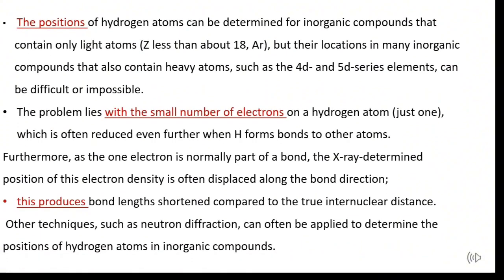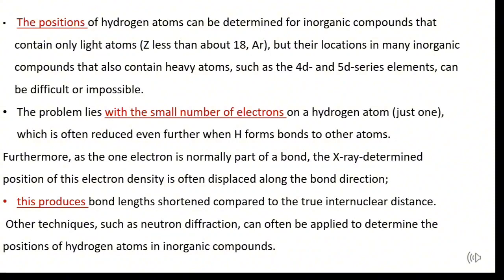The position of hydrogen atoms can be determined for organic compounds that contain only light atoms, for example, alcohol. But their location in many inorganic compounds that also contain heavy atoms, such as 4d and 5d series elements, can be difficult or impossible.